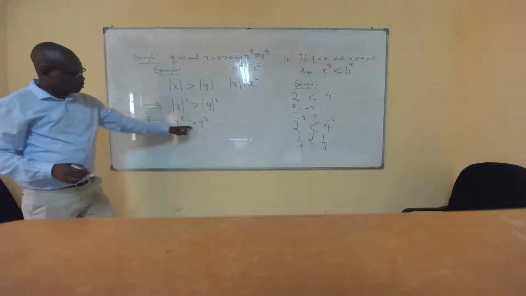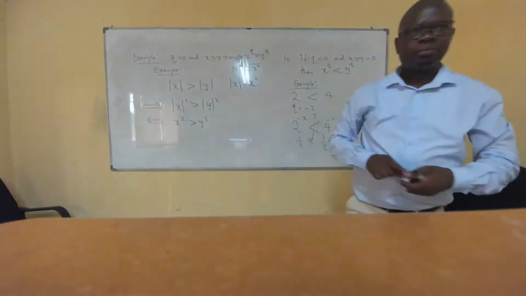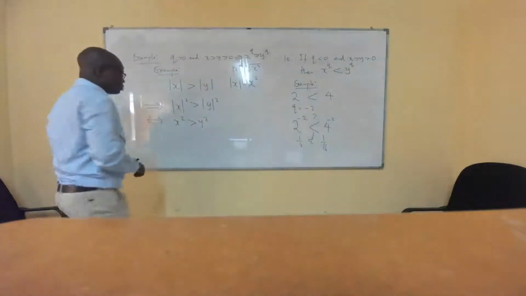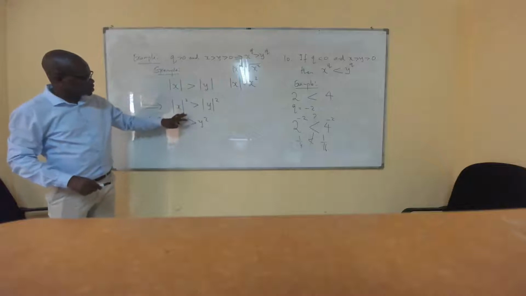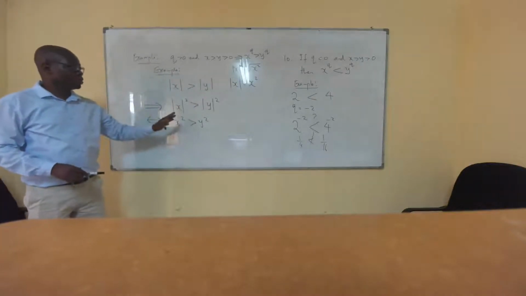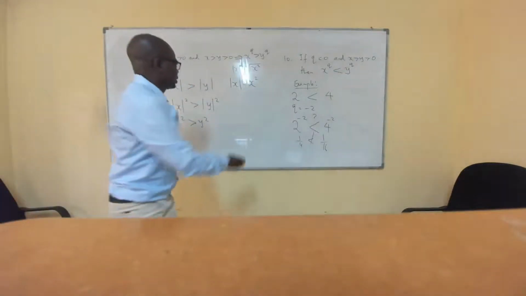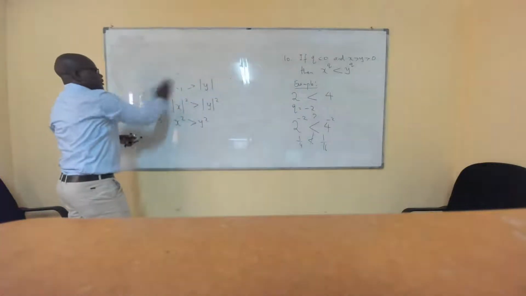And this is quite important when you are dealing with inequalities which involve absolute values. So this will be a quite useful result. We are able to do that because of this result. So quite important. So we can now look at some examples.